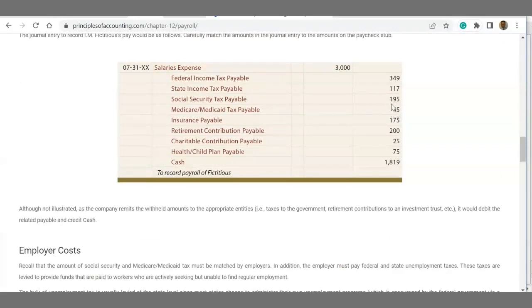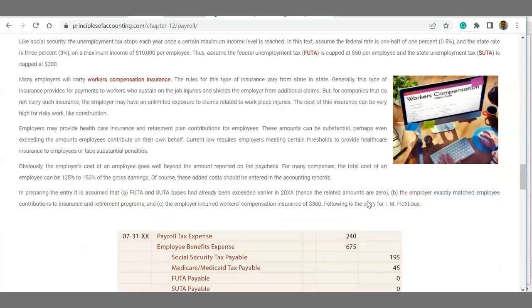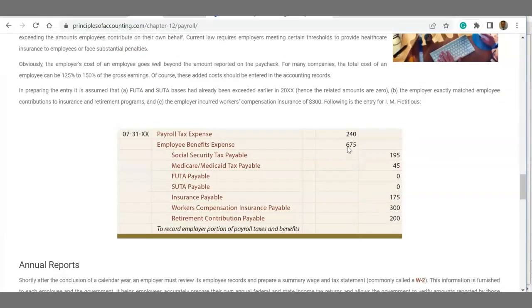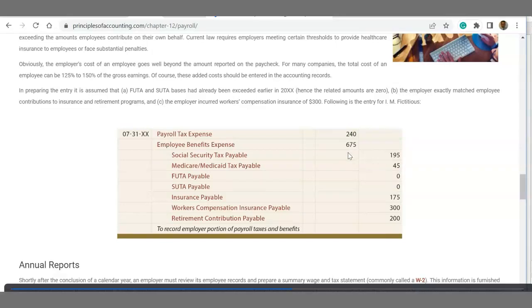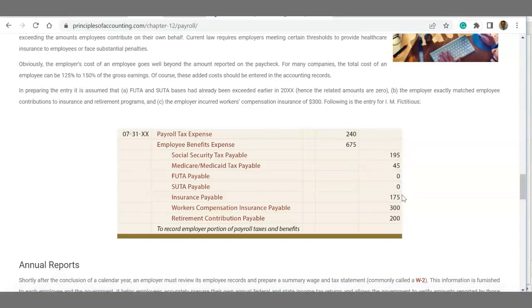Okay, and this combined is called payroll tax expense, $240. But there is also employee benefit expense to recognize. Here there is no FUTA payable or SUTA payable.